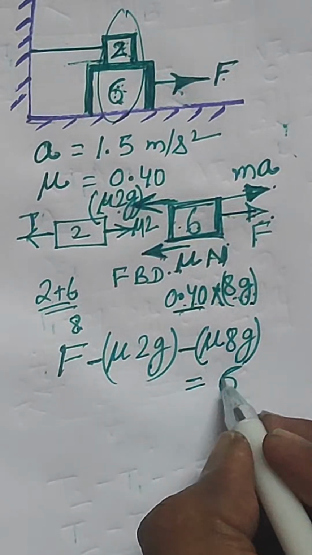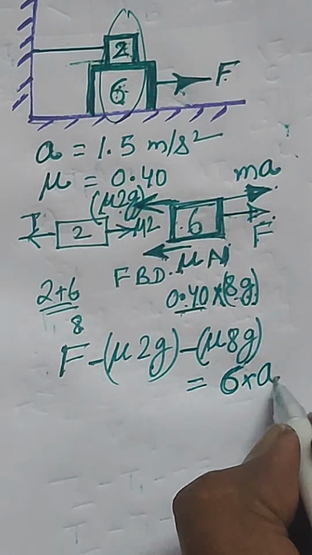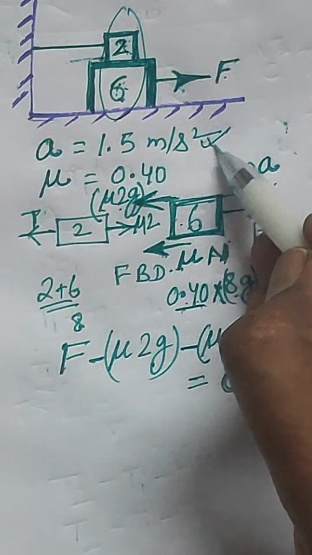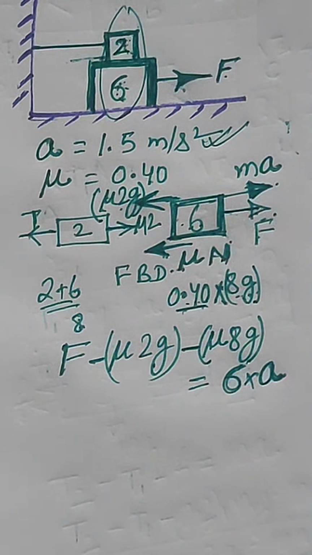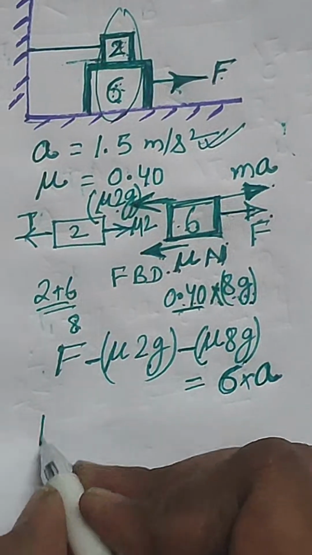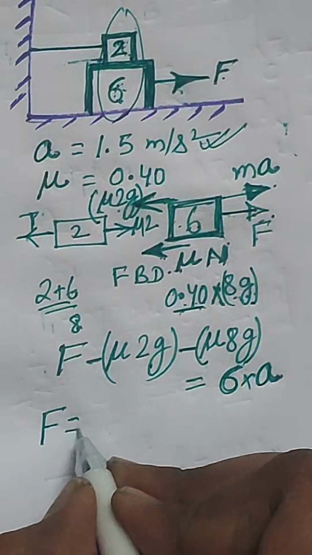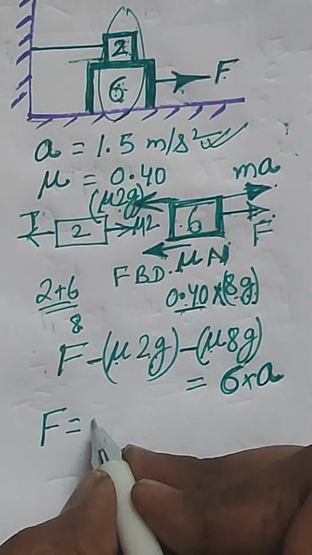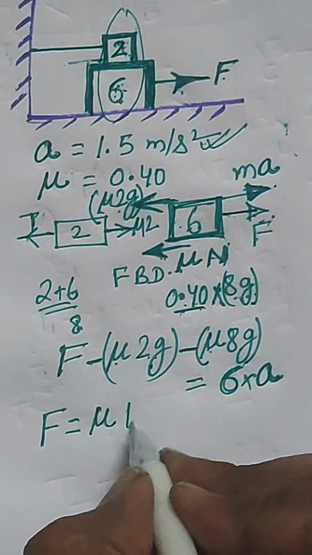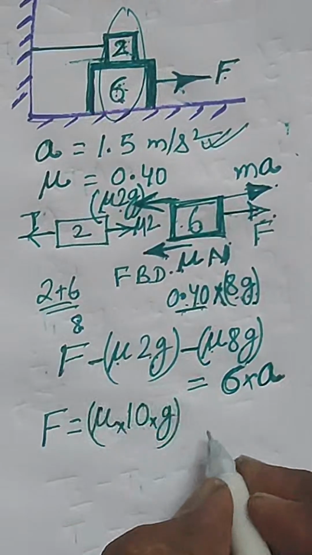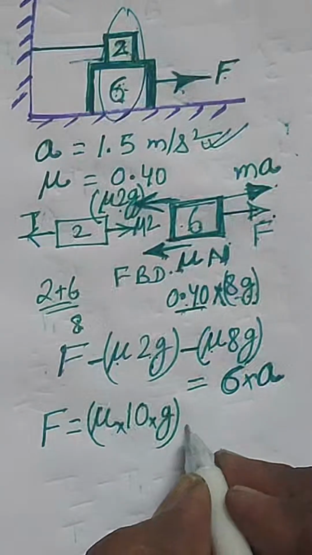So this will give you 6 into a, and the value of a is also given to you as 1.5 meter per second square. So what we can do, the value of F is calculated: mu times 2g and mu times 8g, so you can write mu into 10 into g going to the RHS, plus 6a.